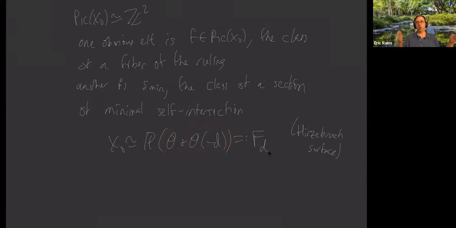That short exact sequence induces a section of F_D, and one can check that that section has self-intersection minus D. So if X naught is F_D, we have this section of self-intersection minus D. The one place where it's not canonical is when D is 0, but that's P1 cross P1. On P1 cross P1, you have a whole family of sections of self-intersection 0, but they're all linearly equivalent, so they give you the same divisor class. So that gives us one basis, namely S min and F.